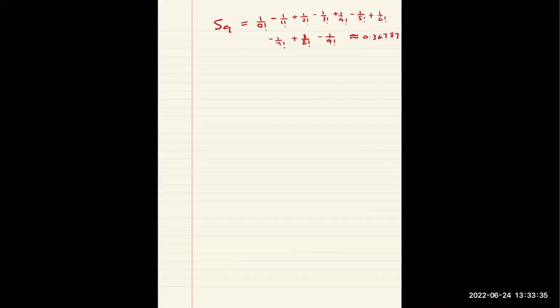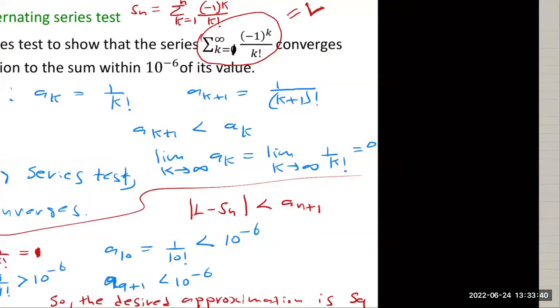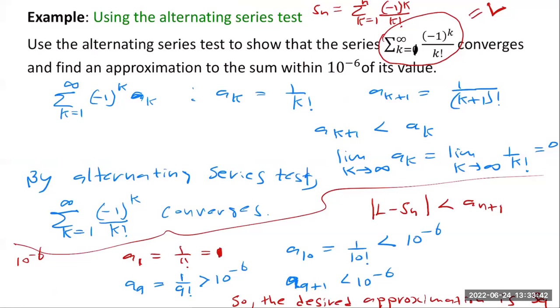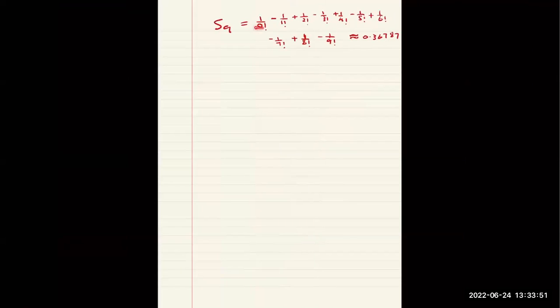To calculate S9, you need to take the ninth partial sum of the series. So basically, in this series, you plug in k equal to 0, 1, 2, 3, 4, up to 9. These are the terms that you will get. If you take the summation using a calculator, you will see that this is approximately equal to this value.